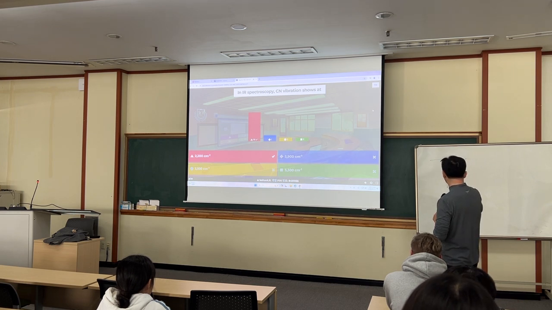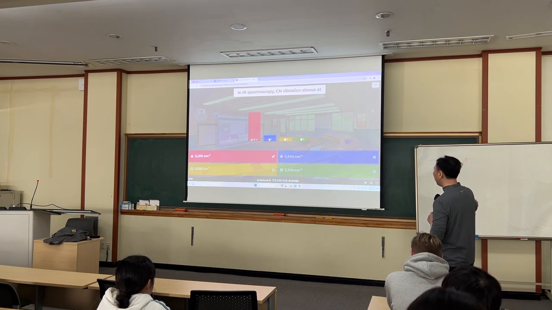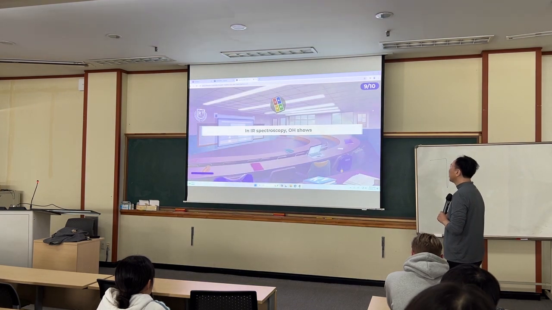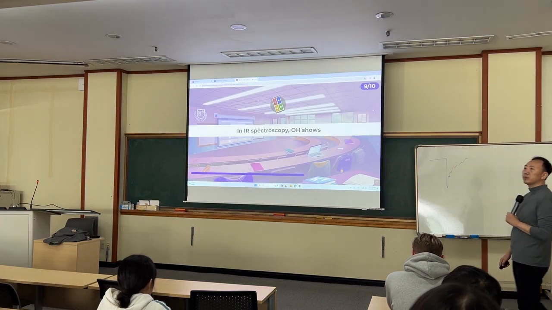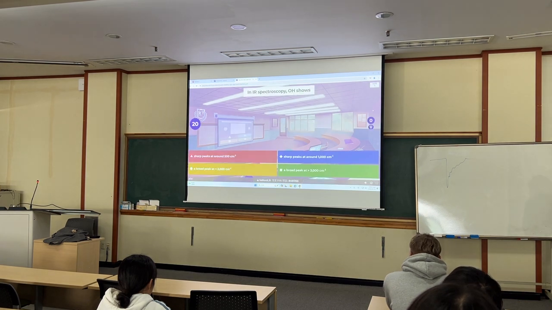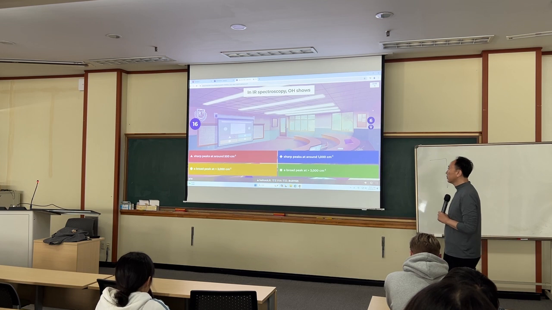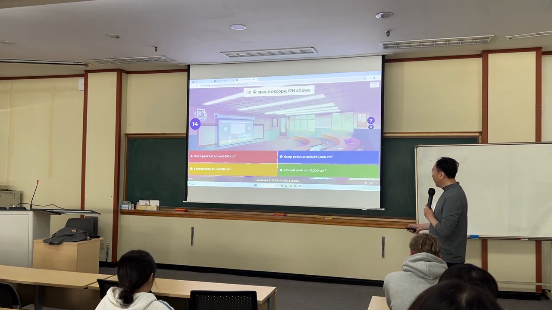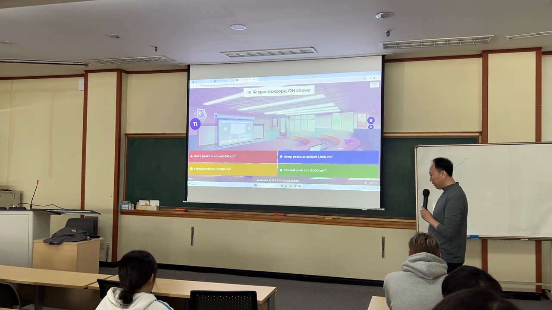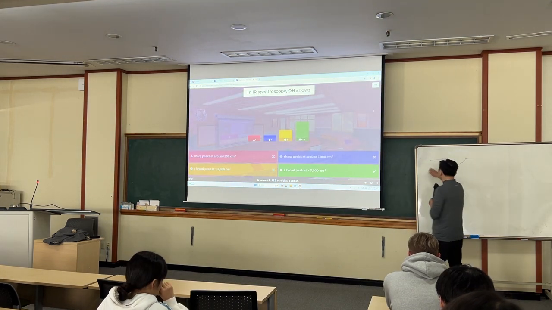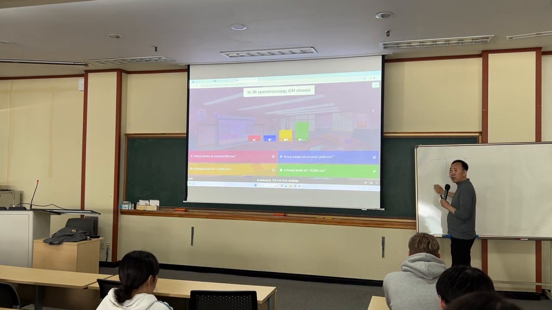CN double bond, triple bond, this comes from 2200. Less than 3000, higher than 3000. Okay, higher than 3000, below the peak here.